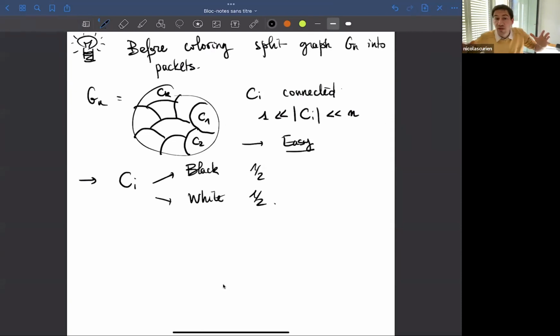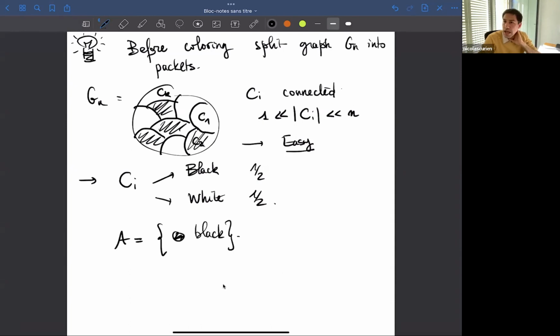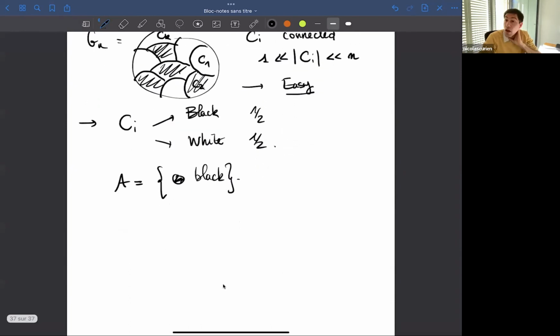So that means that once you have your renormalized graph with your packets, you will color this one black, then white, black, and black, and that's it. Okay? And then you take the same thing. A is made of all the blacks. So let's do the same calculation as before.